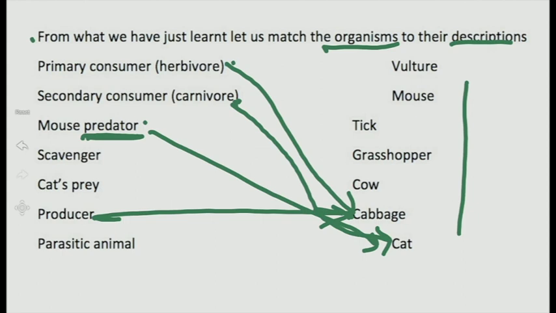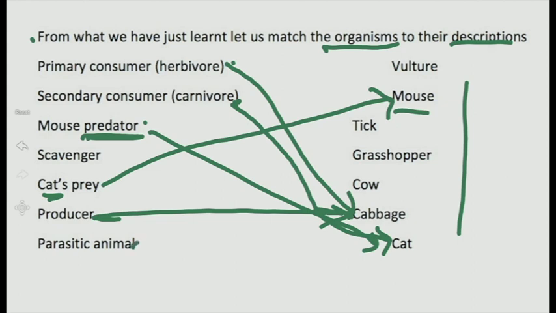So now a mouse, on the other hand, is hunted by a cat. It is called the cat's prey. What the cat will hunt is its prey. And again, we can say this also proves that a cat is a carnivore, feeds on flesh. I hope that is clear.